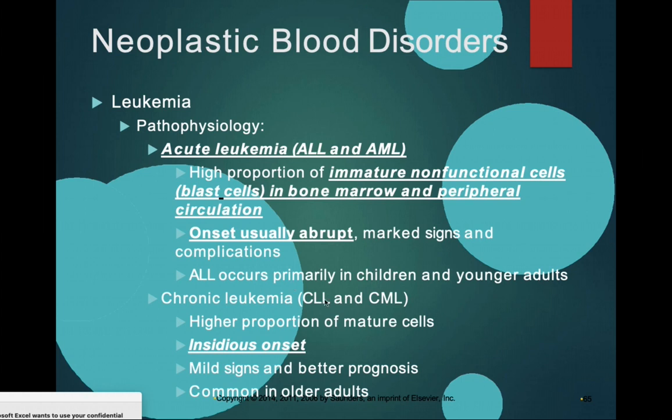The chronic leukemia, the CLL and CML, has a high proportion of mature cells. There's insidious onset. This one has milder signs, a better prognosis, but it is more common in older adults. So again, the acute has immature, non-functional cells in the bone marrow and peripheral circulation, and the onset is usually abrupt.